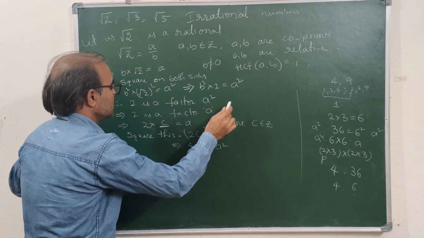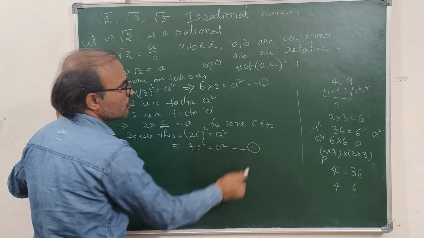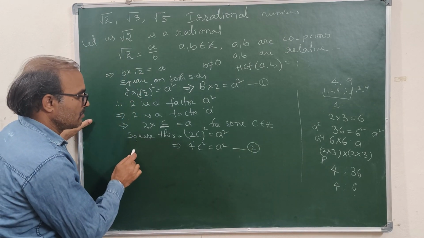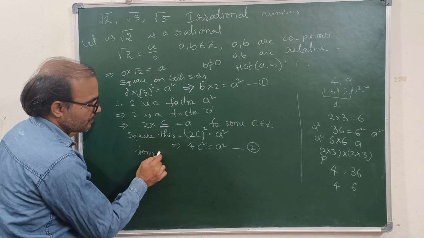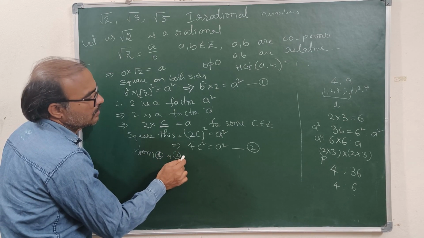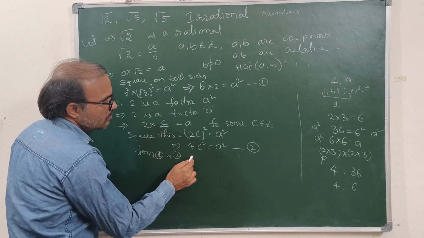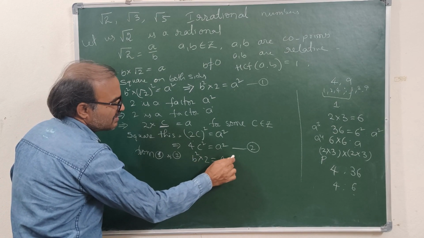So this is equation 1, this is equation 2. From equations 1 and 2, b square into 2 is equal to 4c square, right?